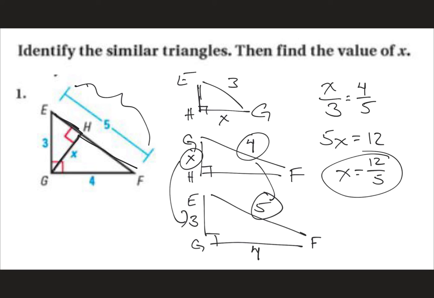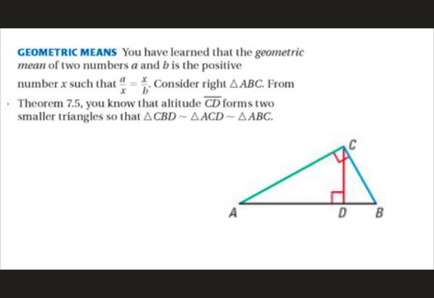Okay, let's look at our next example. Geometric means. We learned right at the beginning of this video that the geometric mean of two numbers a and b is the positive number x, such that a over x is equal to x over b. In this proportion, a and b, those two numbers, we call the extremes.